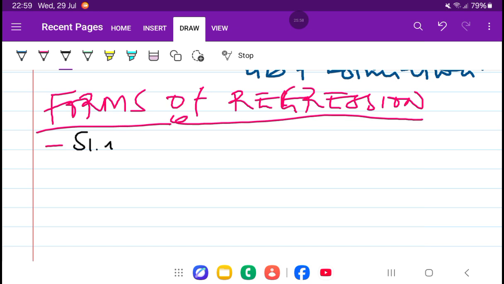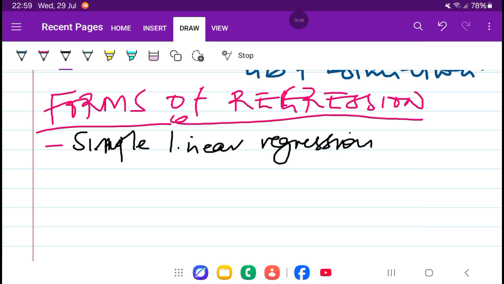So the first one, we have what we call the simple linear regression. The second one is multiple linear regression or multilinear.